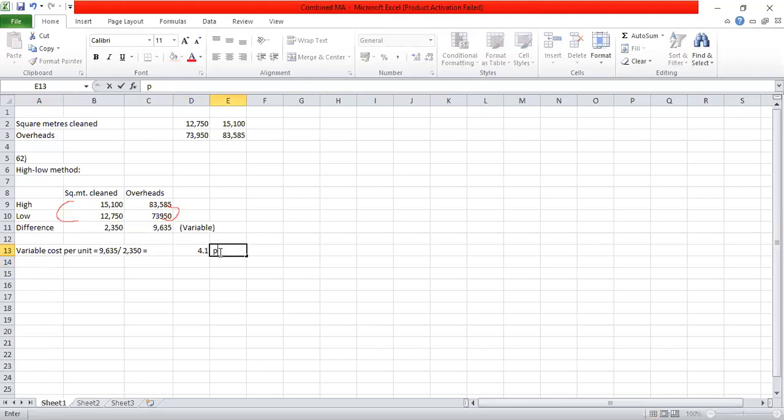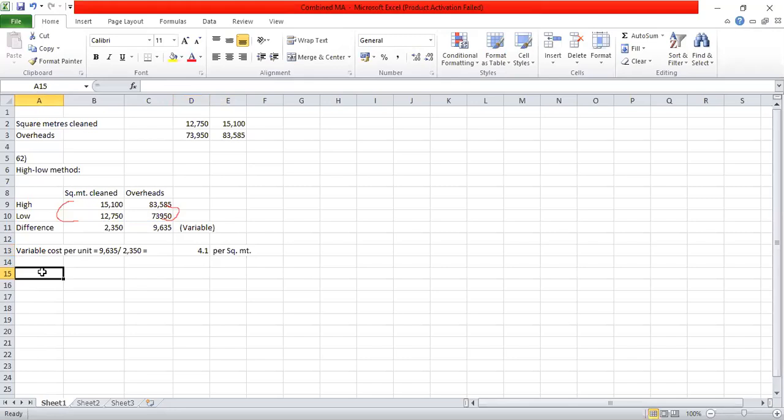It is 4.1 per square meter. So variable cost per square meter is equal to 4.1.